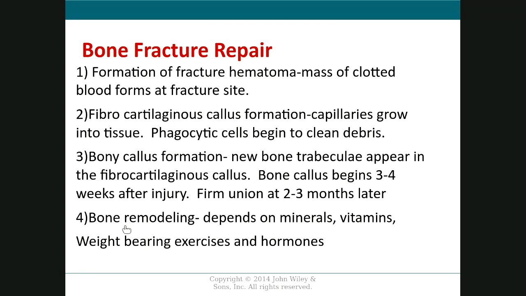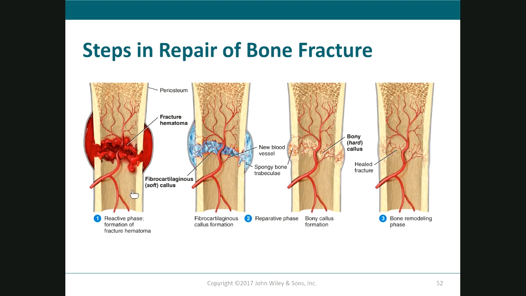Bone remodeling will also depend on the availability of minerals and vitamins, and eventually weight-bearing exercises and the proper hormones. So again, what we need to initially form is a callus. Initially we form a hematoma around the injured site, and if left immobilized, we begin to form a fibrocartilage soft callus.